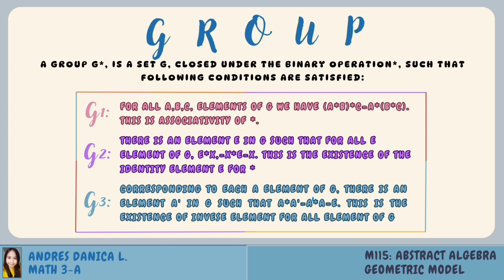And for G3, corresponding to each element A in G, there is an element A inverse in G, such that A star A inverse is equal to A inverse star A is equal to E. This is the existence of inverse element for all elements of G.